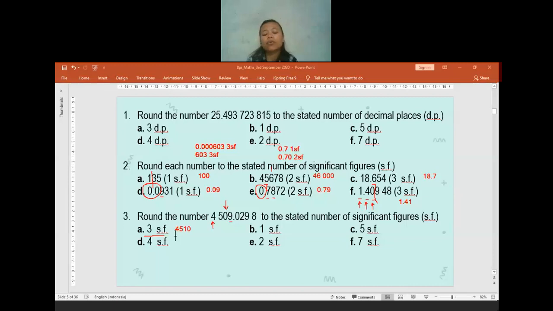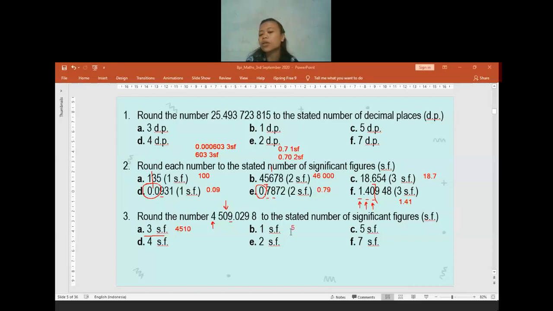It says we have to round off the number correct to 1 significant figure. So we need to find the first significant digit. The first significant digit is the number 4. So we use the 4 and then we check the number to the right of 4. Next to 4 is 5. So it means the 4 has to go up by 1. 4 goes up by 1, it will be 5.